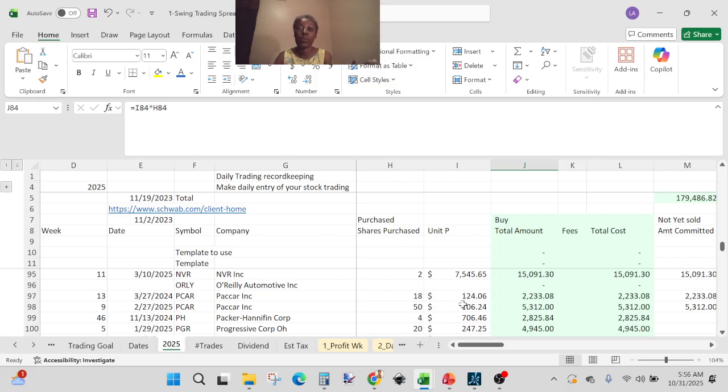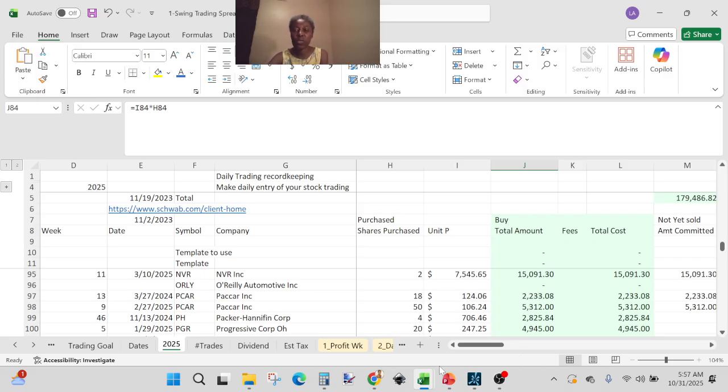That is the minimum you need to start swing trading, and keep saving in the account to keep growing the capital that you have in the account, so that each time a stock is well set in your watch list for you to buy, you'll have some money to buy at least one share.